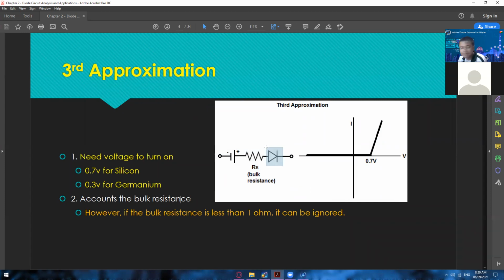It is just showing here that this one has a bulk resistance, but in reality it is mostly less than 1 ohm, so we can just ignore it. Here, it's just to represent that we have a bulk resistance in this diode, which is mostly maybe 1 ohm and above.